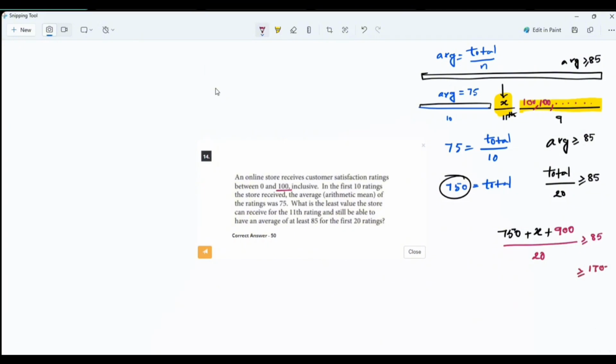You get 1700. 750 plus 900, 1650, plus x. And then you subtract 1650 on both sides, you get 50. What is the least value that satisfies this inequality? 50.